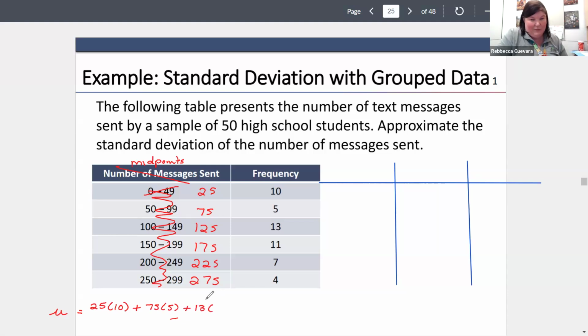A midpoint of 125 times a frequency of 13, a midpoint of 175 and a frequency of 11, then 225 and a frequency of 7, and then 275 and a frequency of 4.